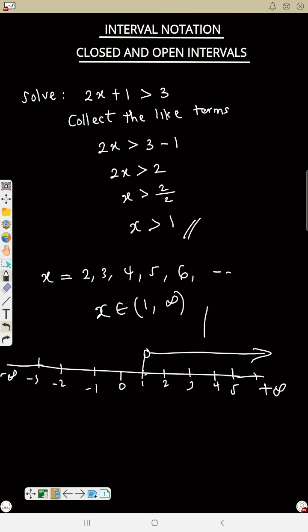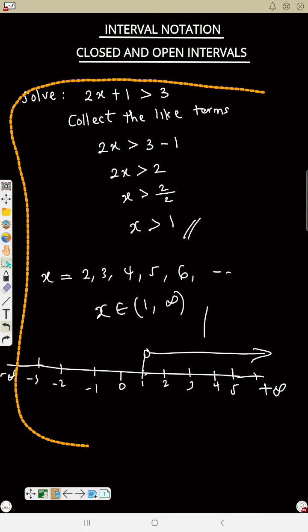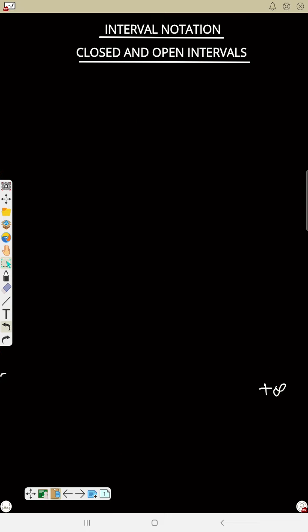Now let's say another point. Please take note of the point. We are still on open interval. Another one, so that you can grab what I explained: at plus or minus infinity, brackets are always open.